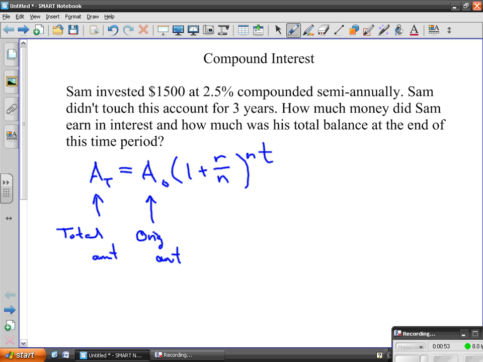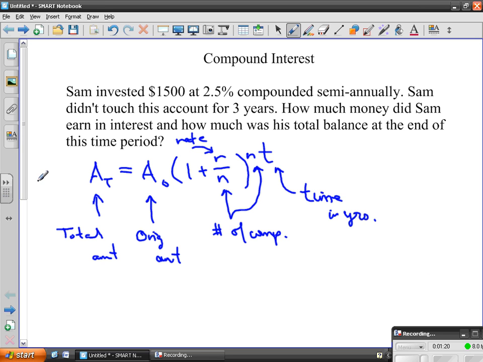Then we're multiplying by 1 plus the interest rate divided by n, which is the number of compoundings annually. That same number is put into the exponent along with t, which is time in years. Good luck reading that handwriting, but I think you get the point.